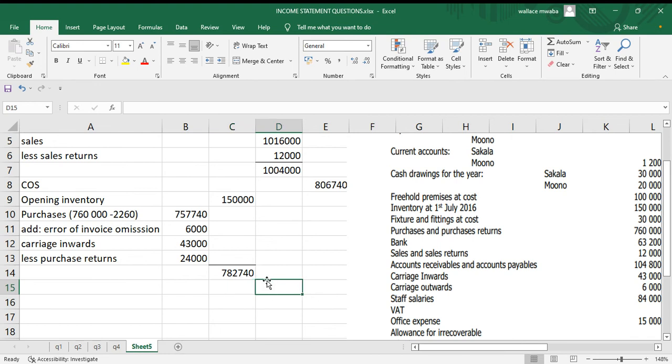So what we're going to do now is add our opening inventory to this, to get the total available goods for sale.